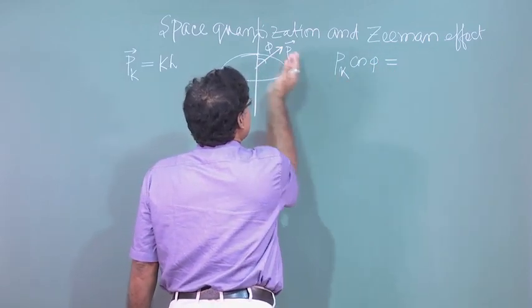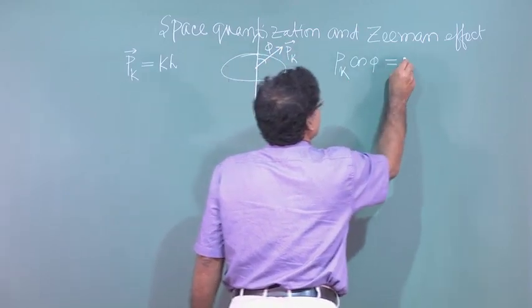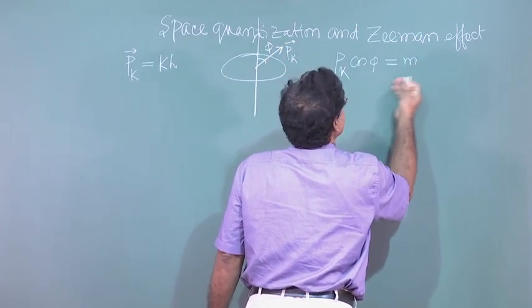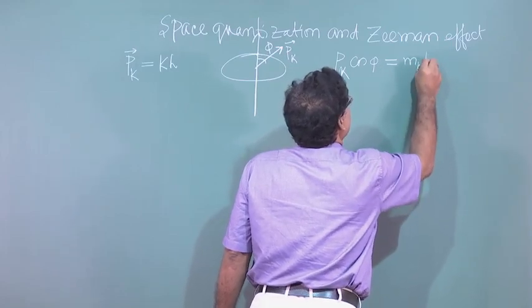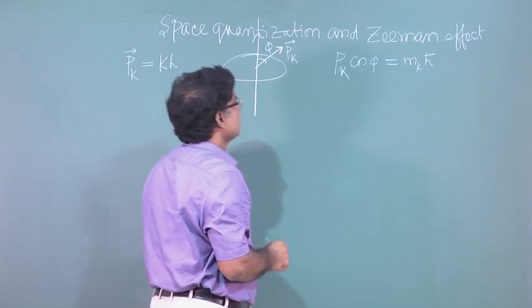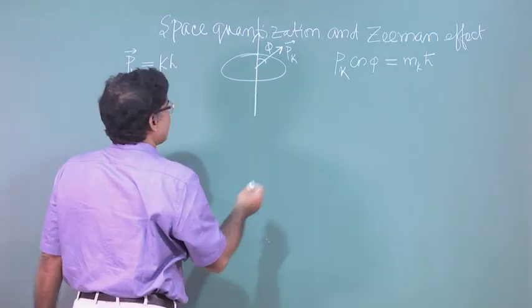The orientation of Pk will be such that Pk cos phi equals Mk h cross.